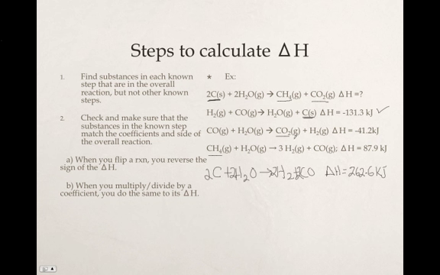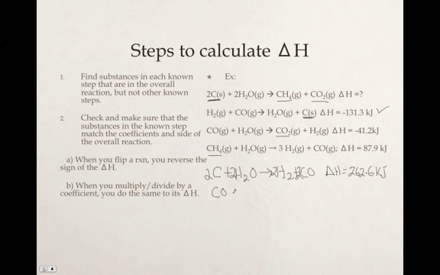In our second step, we have the carbon dioxide that we're focusing on. Now, lucky for us on this one, the carbon dioxide is on the correct side of the equation because it's on the product side in both the step and the overall reaction, and it has a coefficient of 1 in both of those reactions. So we're just going to copy this reaction again.